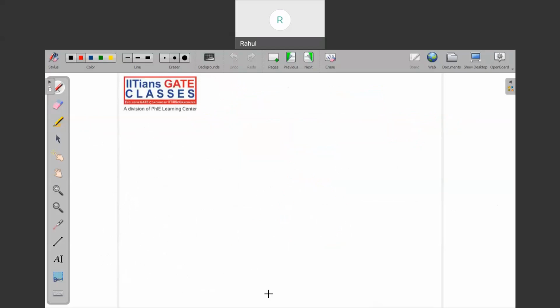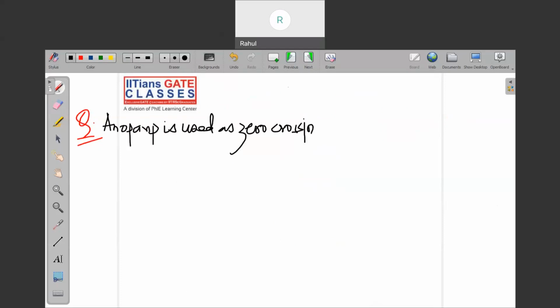Here the question says that an op-amp is used as a zero crossing detector. If I talk about any PSU question, let me take that question. An op-amp is used as a zero crossing detector.